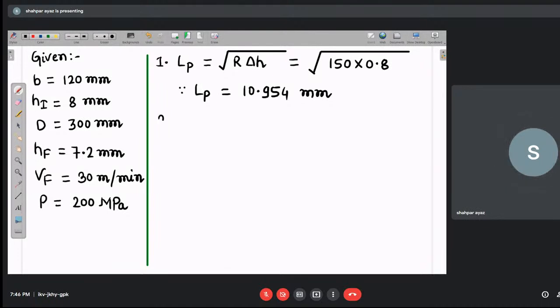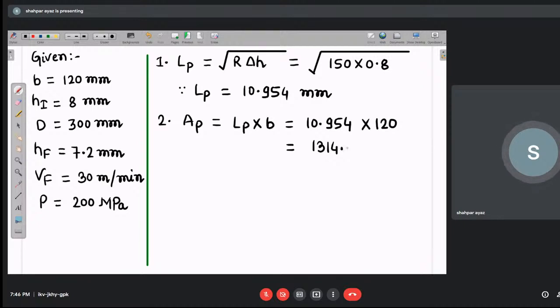This is your LP. Next is the projected area, that is LP into B, 10.954 into 120, which is 1314.5 square.